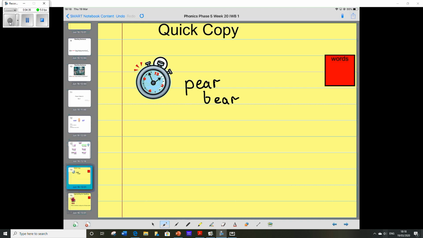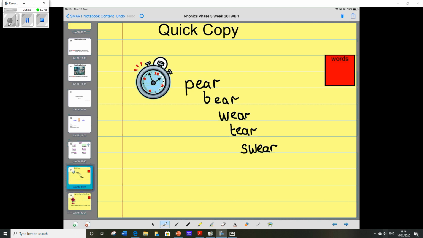The third word, wear. And then the next word is tear. And then finally, the last word today is swear. So get your adult to check that those all have been spelt correctly.